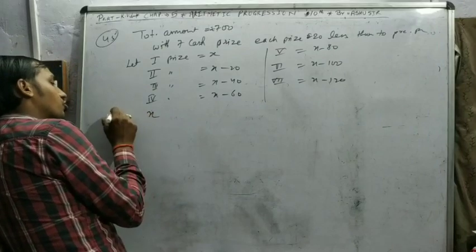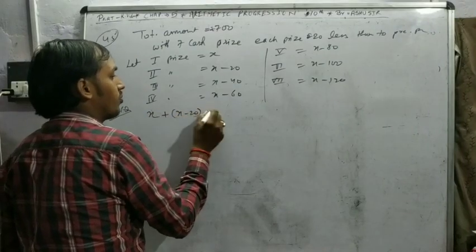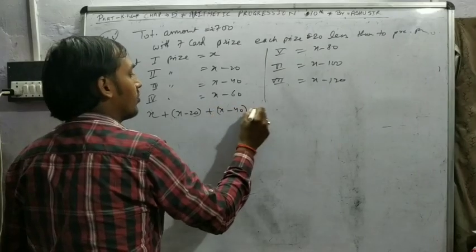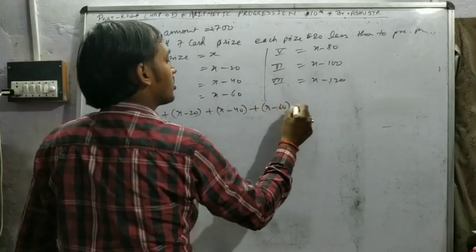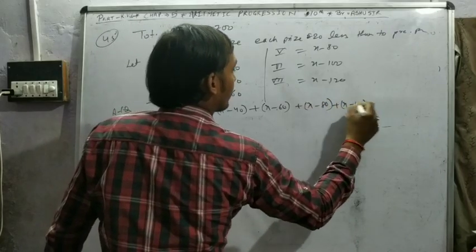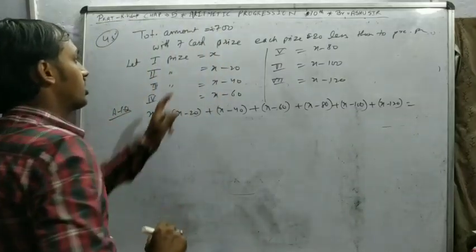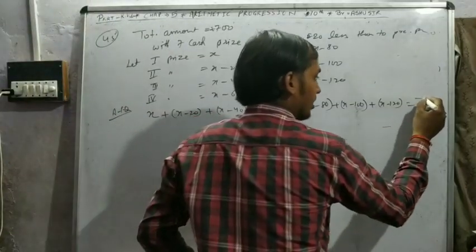According to the question, all the cash prizes are equal to 700.